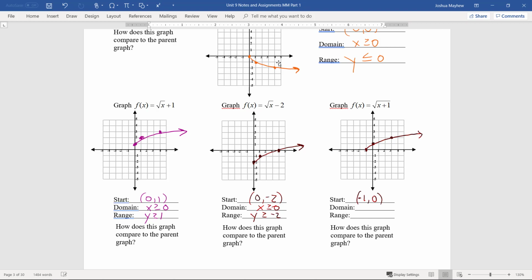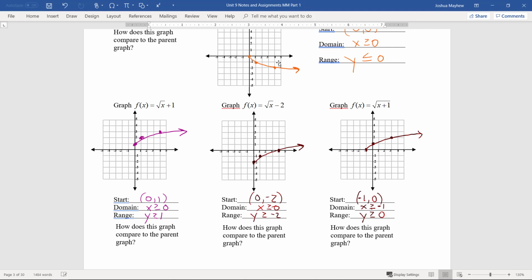We're going to have what is happening underneath the square root. So plus will be a move to the left, and minus will be a move to the right. The domain in this case is x is greater than or equal to the starting point, -1. The range is y is greater than or equal to 0 because it starts on the x-axis.